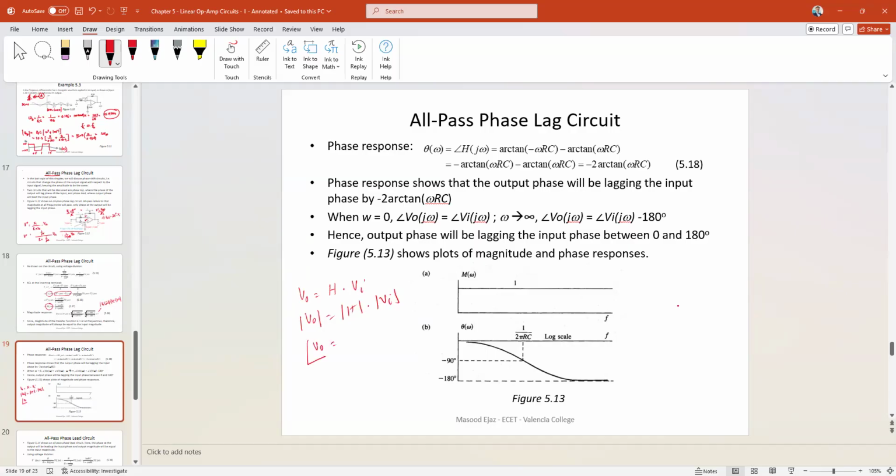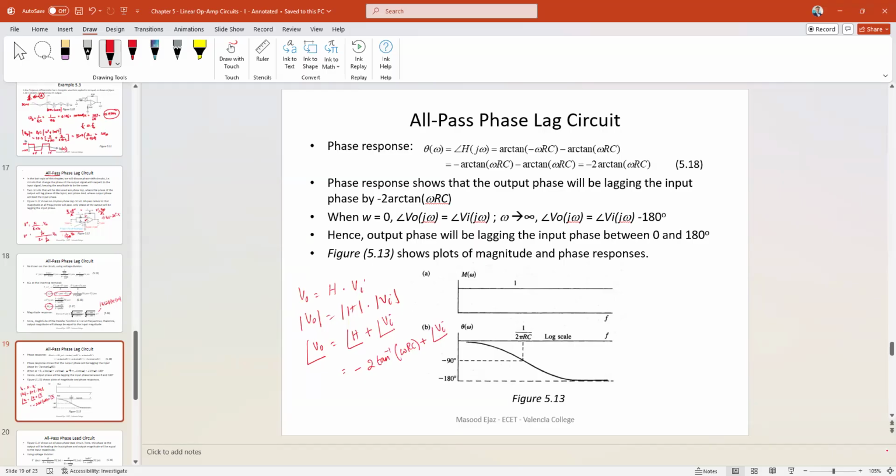And the phase of output is phase of H, because when two complex numbers are multiplied, the phases add together, plus the phase of the input voltage. Now, the phase of H is negative 2 tangent inverse of omega RC, and that will be added to the phase of the input signal.